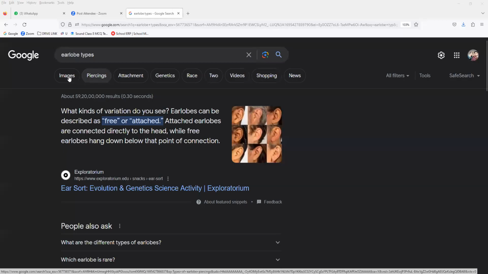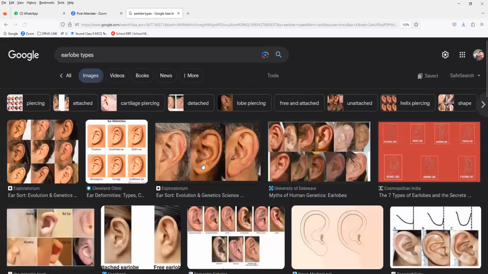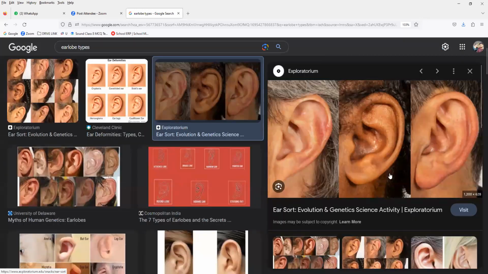This is what we call a free earlobe, and this is what we call an attached earlobe. Free and attached earlobes are due to two different forms of genes found in human beings. These two are called alleles, a pair of matching genes. That is what we call alleles.